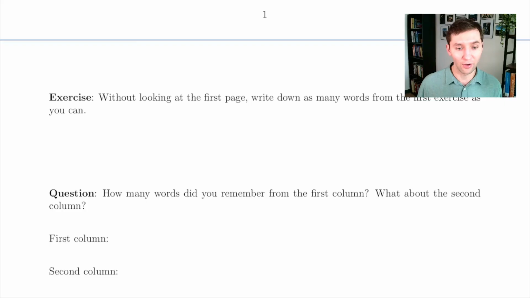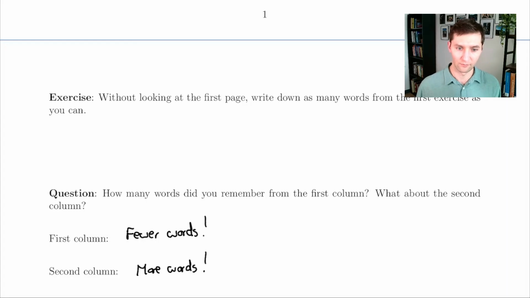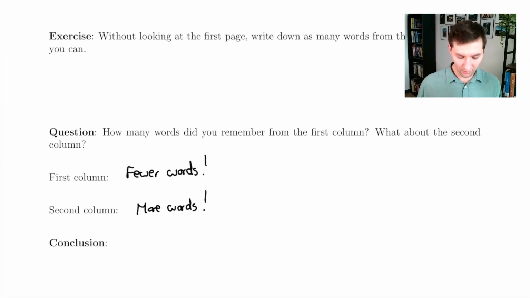If you are like most people, then you remembered fewer words from the first column and you remembered more words from the second column. What's the conclusion? The conclusion is that active learning works.